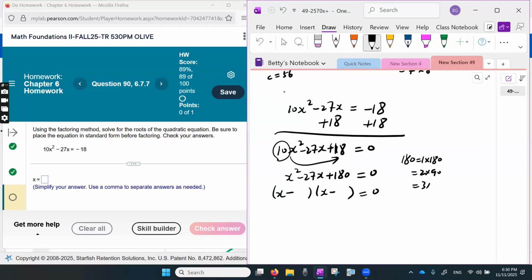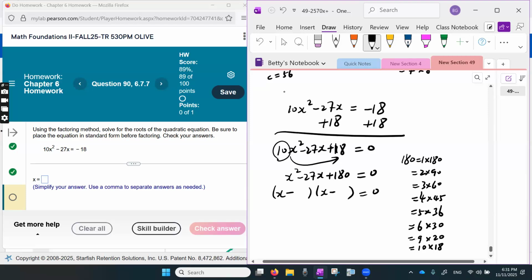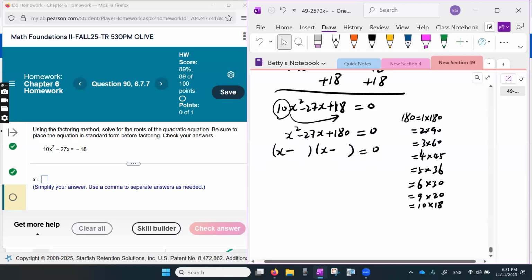2 and 90, no. 3 and 60, no. 4 and 45, no. 5 and 36, no. 6 and 30, no. 7 doesn't work. 8 doesn't work. 9 and 20, no. 10 and 18. 4 and 15. 14, 15.